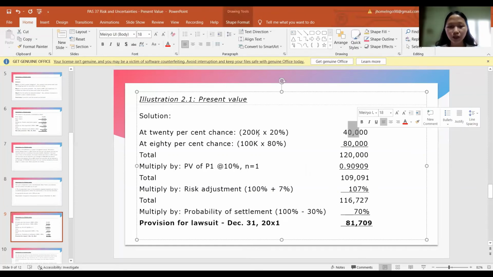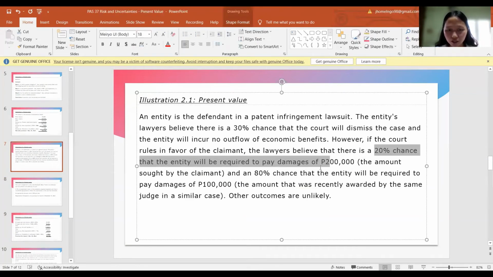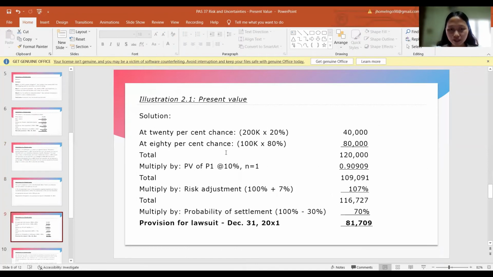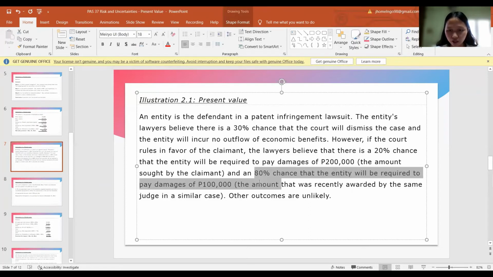So the 200,000 and 20% here is gotten here. In the 20% chance that the entity will be required to pay damages of 200,000. And at 80% is 100,000 times 80%, which is 80,000, which is here. 80% chance that the entity will be required to pay damages of 100,000 pesos.